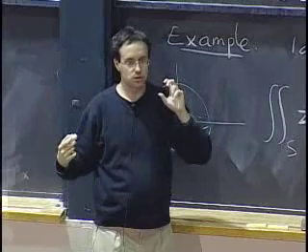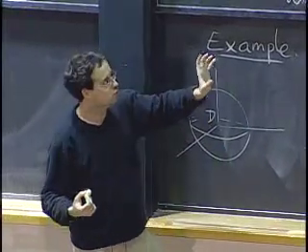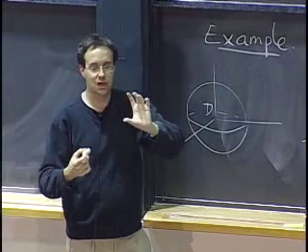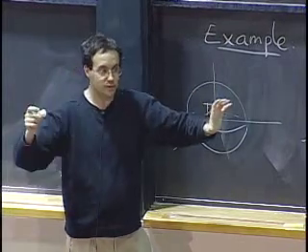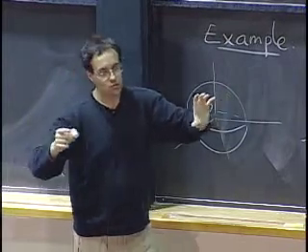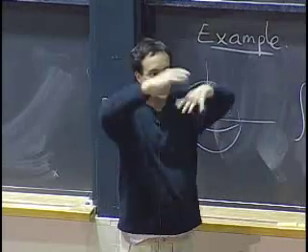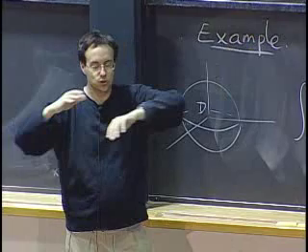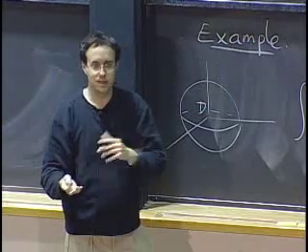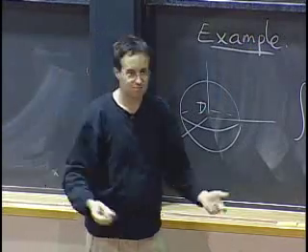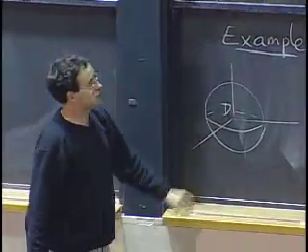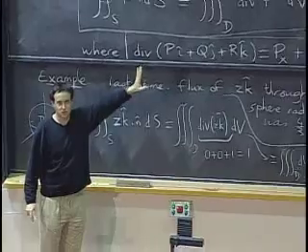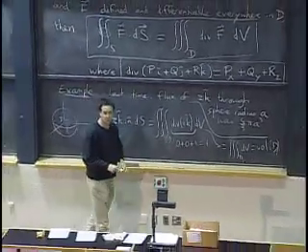It measures the amount of sources or sinks that you have inside your fluid. So now it becomes common sense. If you take a region of space, the total amount of water that flows out of it is the total amount of sources that you have in there minus the sinks. In spite of this common sense explanation, we're going to see actually how to prove this, and we'll see how it works and what it says.